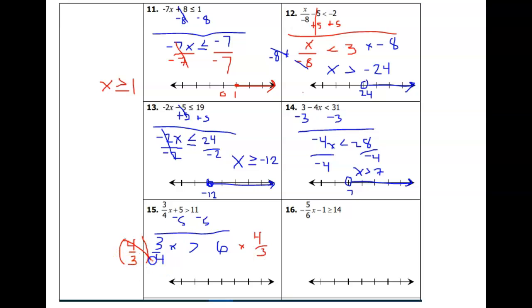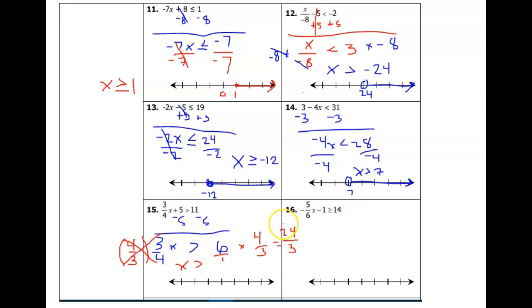To the left, we know the deal. Everything cancels out, and I just have x. To the right, my 6 is over a 1, and I just multiply across. 6 times 4 is 24, and 1 times 3 is 3 in the denominator.